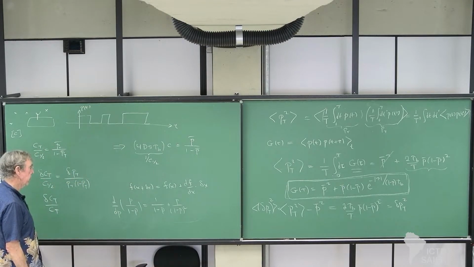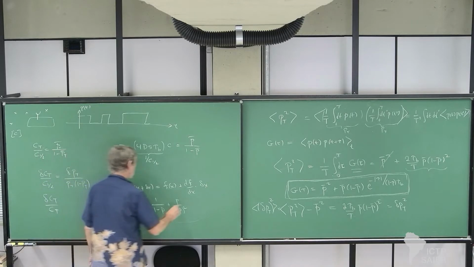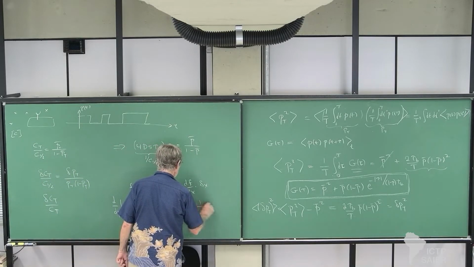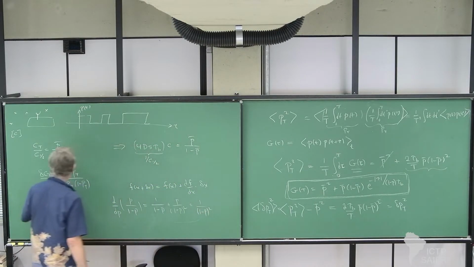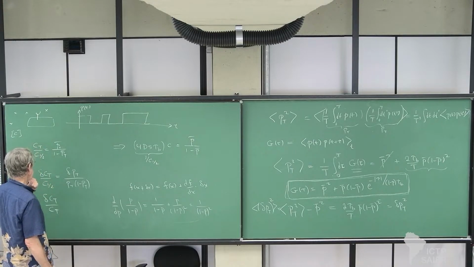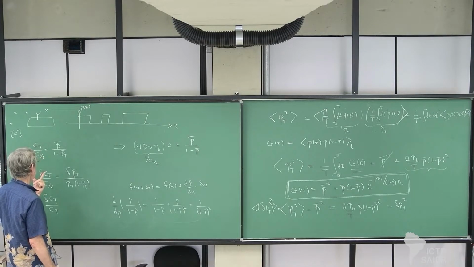And if I combine terms, I get 1 over 1 minus P squared. So d/dP of P over 1 minus P is 1 over 1 minus P plus P over 1 minus P squared, and that's 1 over 1 minus P squared.